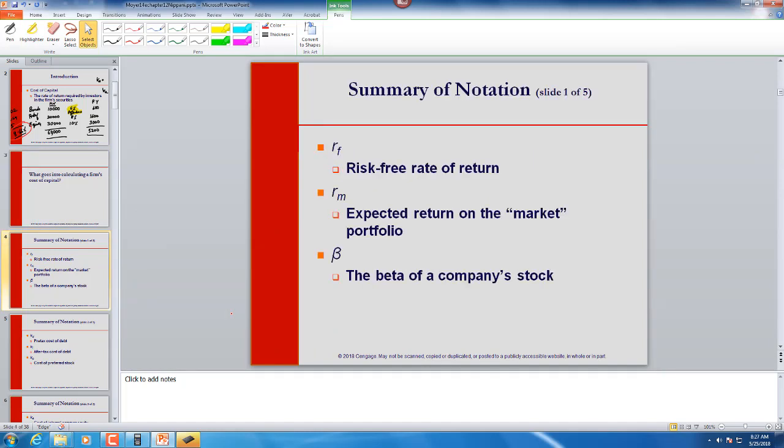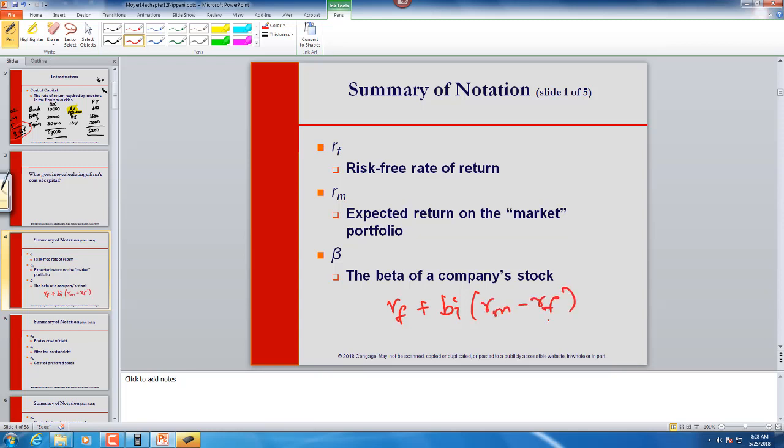What goes into calculating it for a firm? There are several ways to calculate cost of capital. One of them is the security market line, SML, where the cost of equity can be calculated using the risk-free rate plus beta multiplied by (RM minus RF).